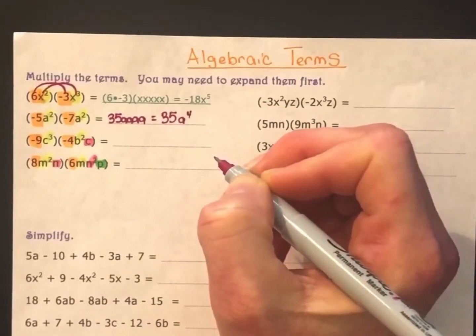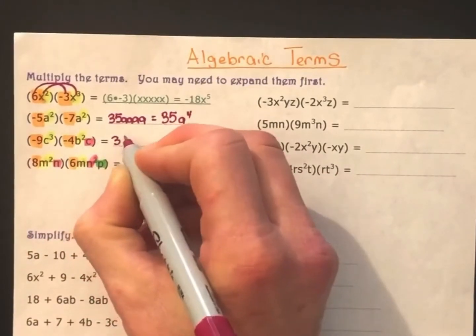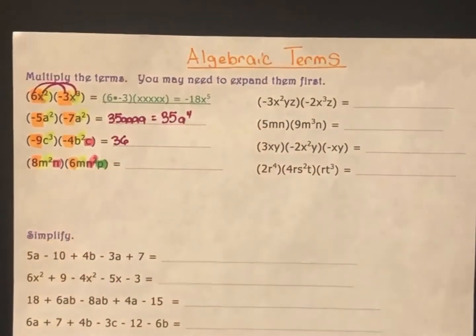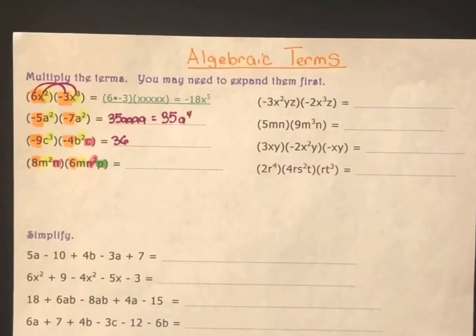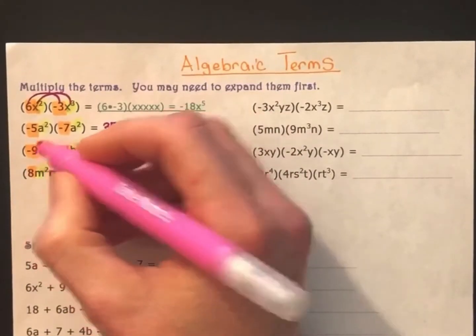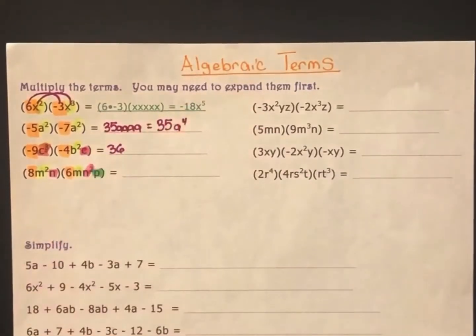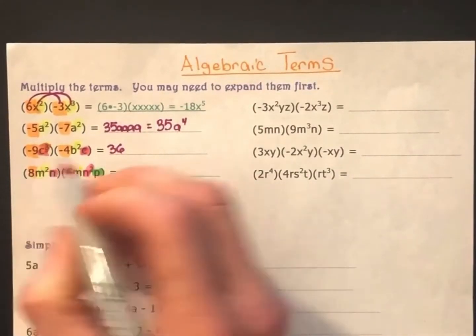Next, negative 9 times negative 4 is positive 36. We have b and c as the variables. I see that I need to change this c to pink so it matches the other. There we go. So now, back to b and c. We have 1b.